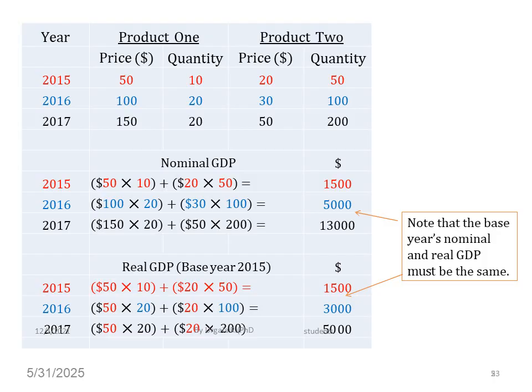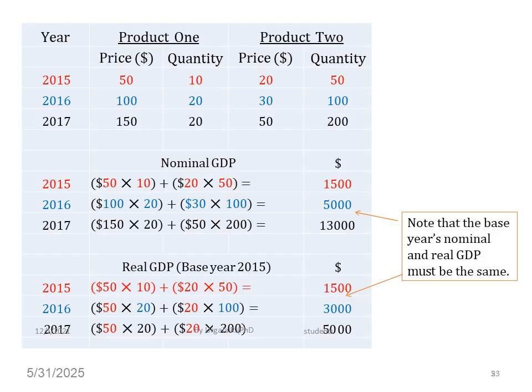The years given are 2015, 2016, 2017, with product 1 and product 2. Let us calculate nominal GDP first. Under product 1, we have a price of 15 and quantity of 10 in 2015. Under product 2, price of 20, quantity of 50.